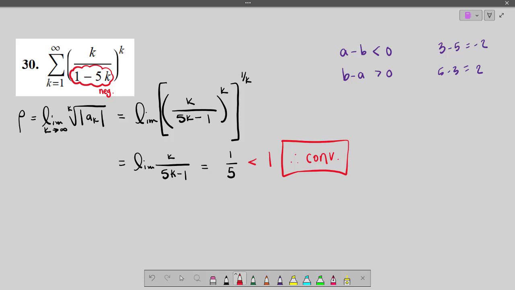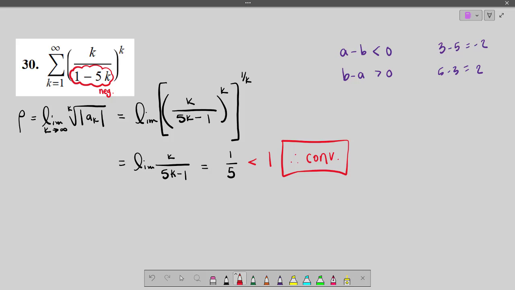If we look at this, we've seen a lot of these problems where we have something that looks kind of similar to this, that's an indeterminate form. What is the limit of the inside here? Just inside the parentheses, forget about the k for a minute. What's the limit of what's inside here?